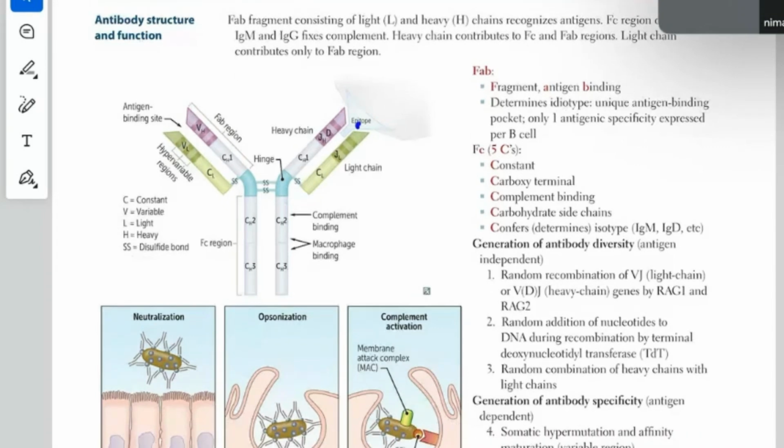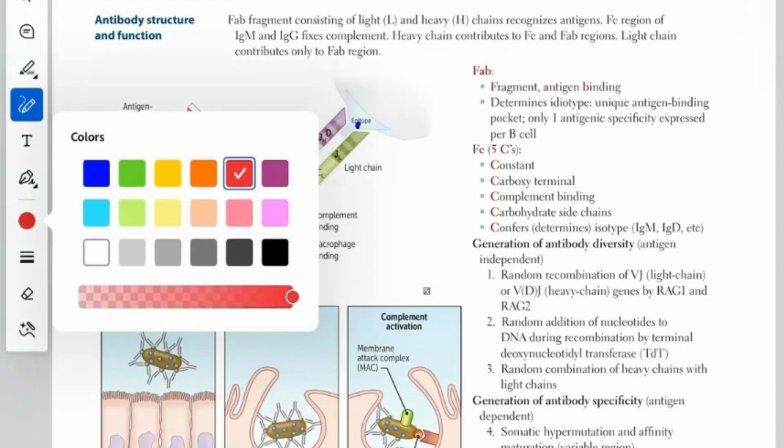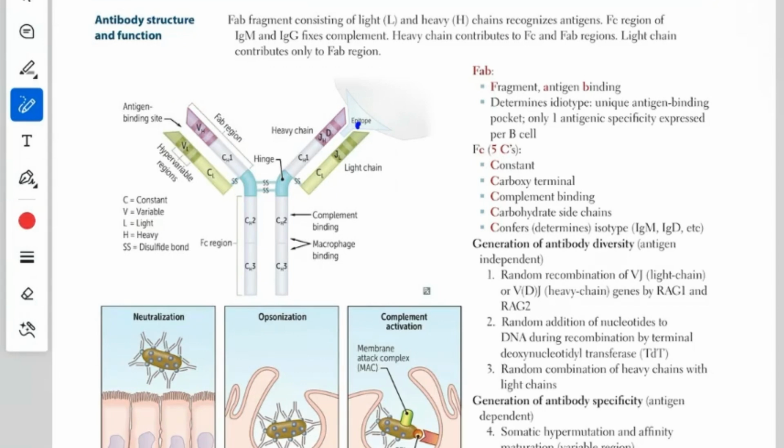So we'll start with immunoglobulin structure and function. You can see that the immunoglobulin is Y-shaped, and it's a combination of two chains: a light chain and a heavy chain.